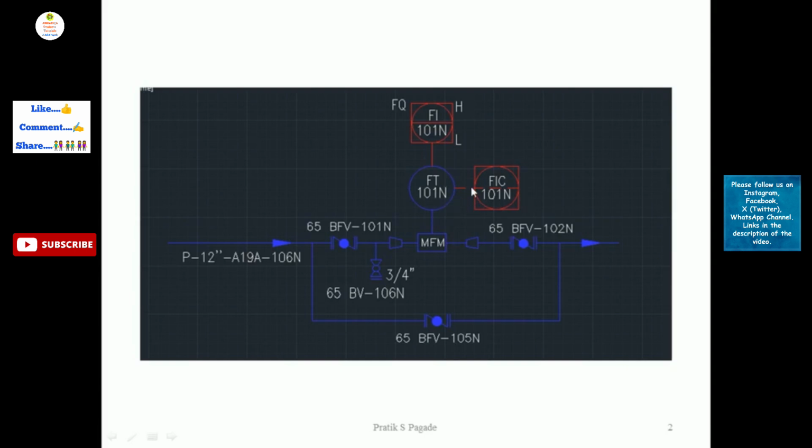Okay, set point is set at MFM for flow. Okay, so here as per the set point it signals the control valve to operate.